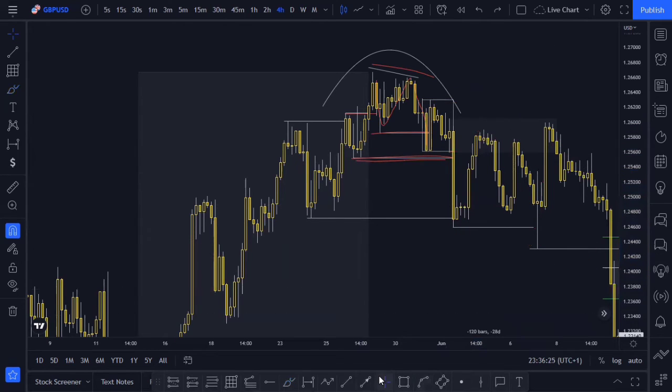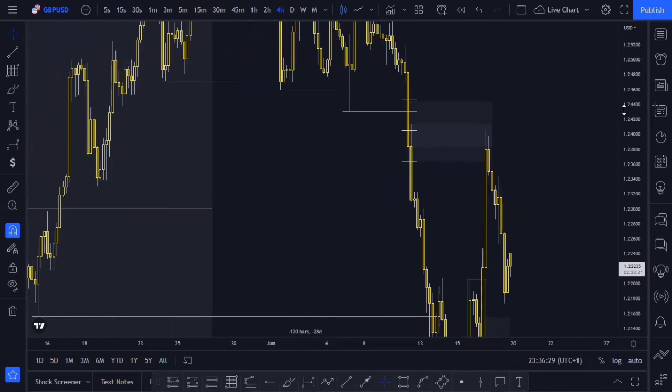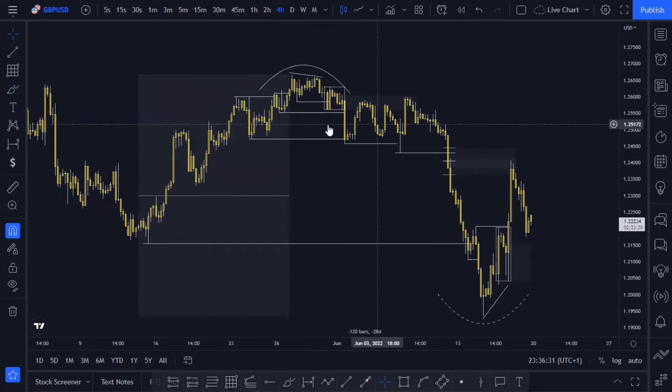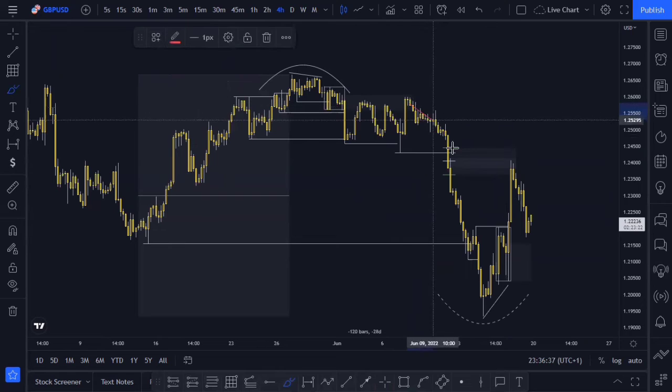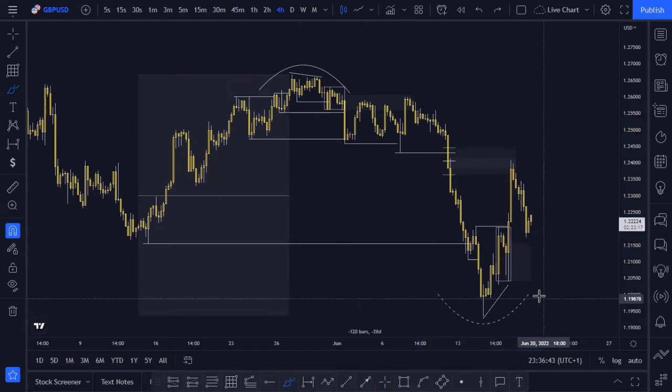So we had the whole 4 hour push. This push right here is a whole 4 hour push and needs to pull back to continue the push.